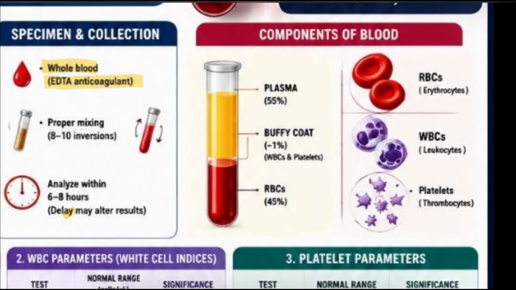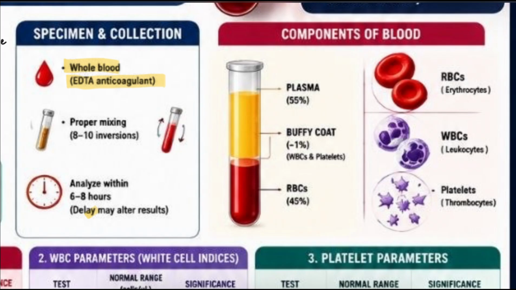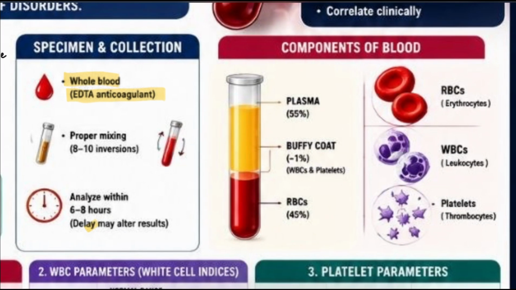Now you can see the components of blood. In the components of blood, you can see plasma, the buffy coat with WBC and platelets, and then RBC.